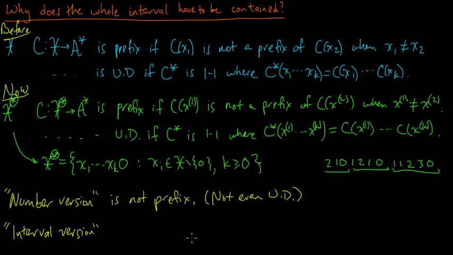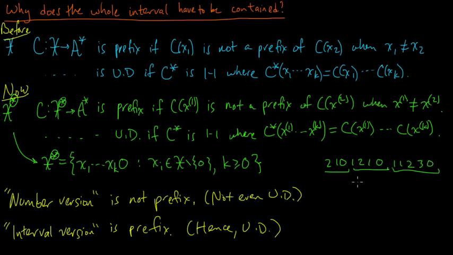I'll explain why in a minute. On the other hand, the interval version is prefix. And since every prefix code is uniquely decodable, it's also uniquely decodable in this sense. So this is nice, and I'll explain why you ought to care about this.